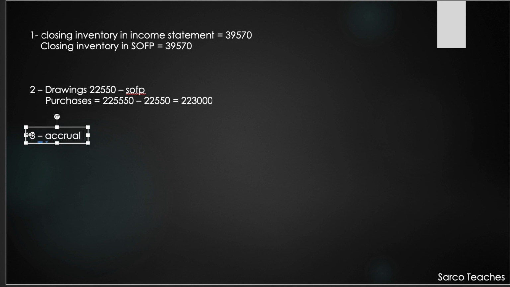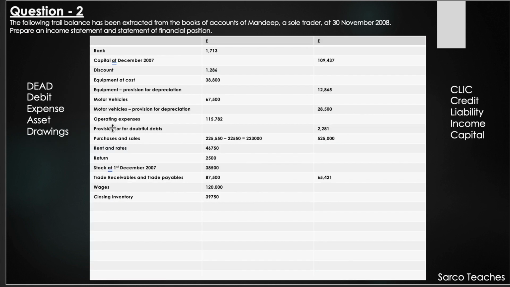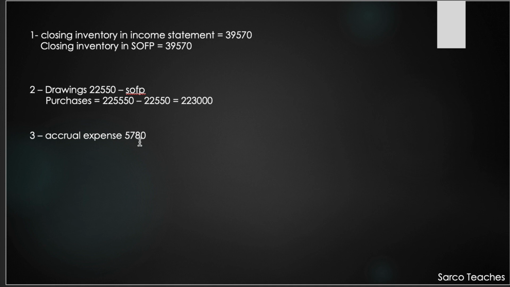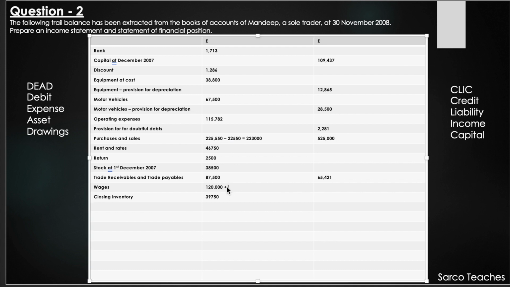Accrual expense 5,780, and then we will have to add that amount to wages as well. So we will go back to our trial balance and see what our wages are. It's 120,000. So we do 120,000 plus 5,780. And we will put this into the trial balance as well, so when we're transferring the figures, we will not forget.